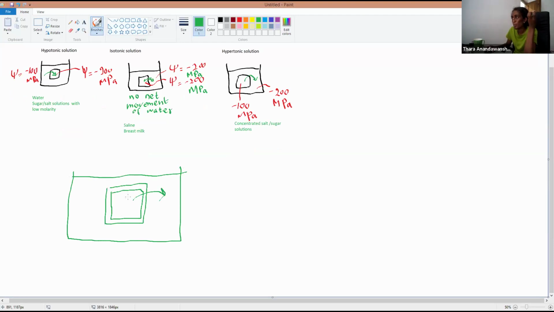So when the water is going to come out, you know that usually the plant cell membrane is attached to the cell wall, right? So what's going to happen there is the membrane is going to come away from the cell wall. So there is an initial moment like this, where it is just detached from the cell wall of the plant.